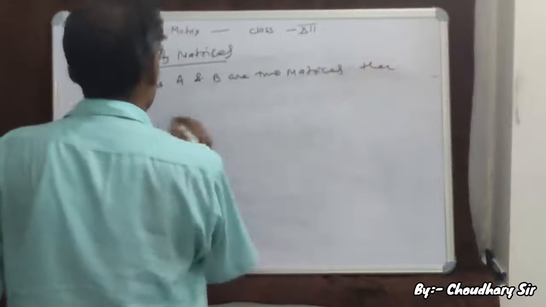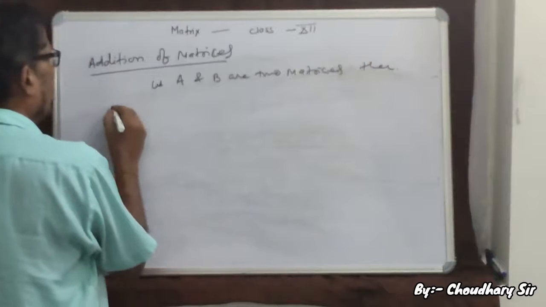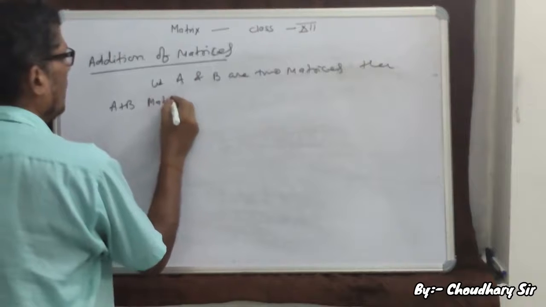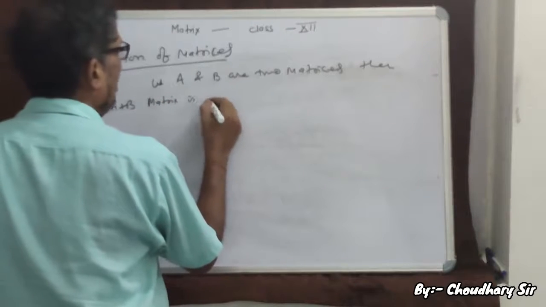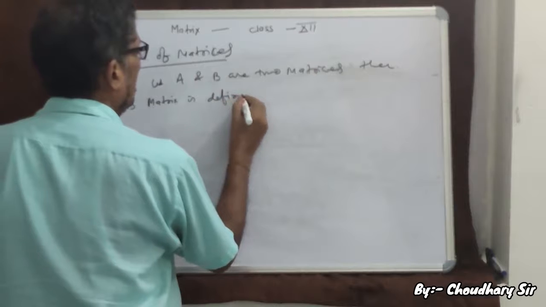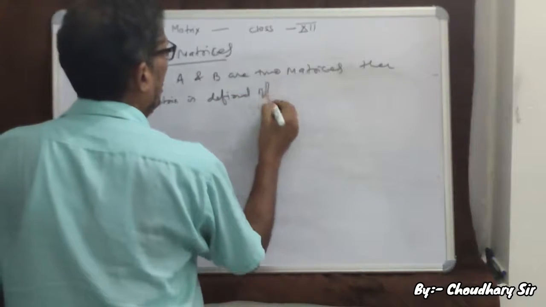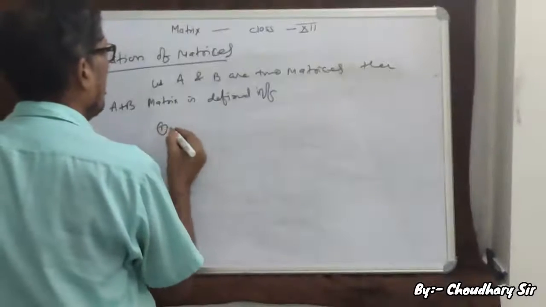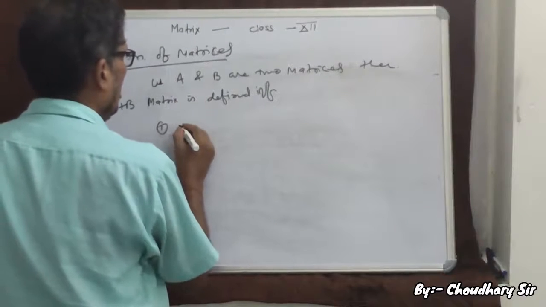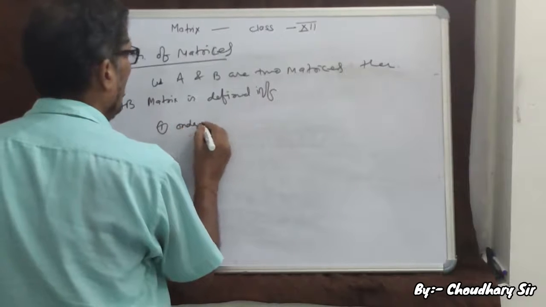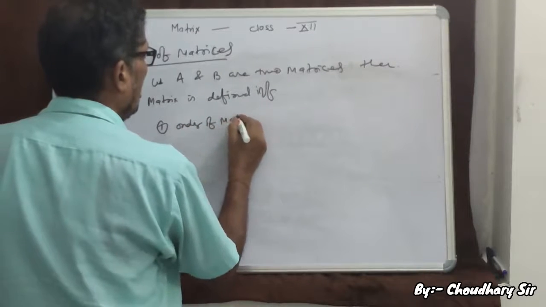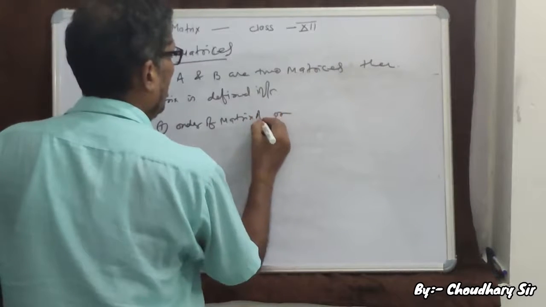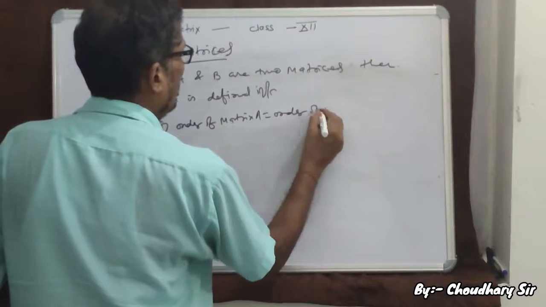Then A plus B matrix is defined if and only if, first, the order of matrix A equals the order of matrix B.